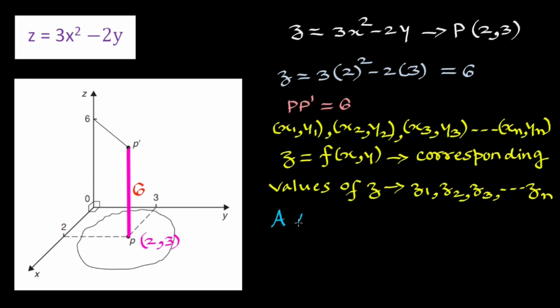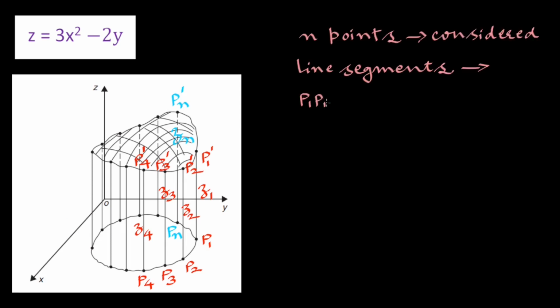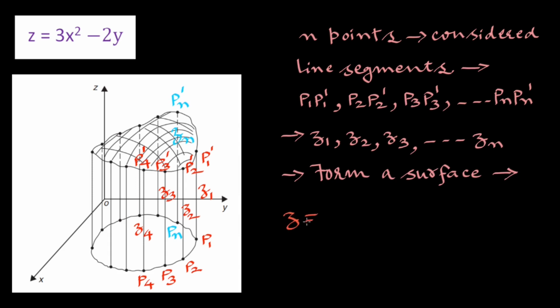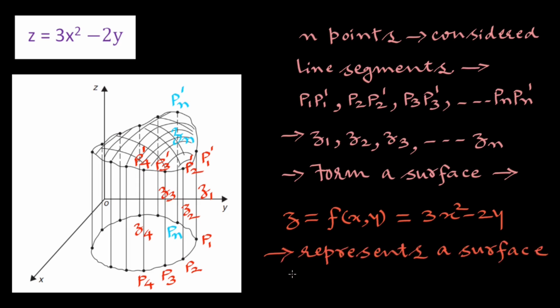So a large number of lines such as pp' can be constructed, and in the limit when all the n points are considered, line segments p1p1', p2p2', p3p3', etc., pnpn' of lengths z1, z2, z3, and so on up to zn will form a surface as shown in the figure. Therefore, the function z equals f(x,y), or in this case 3x square minus 2y, represents a surface and not a curve.